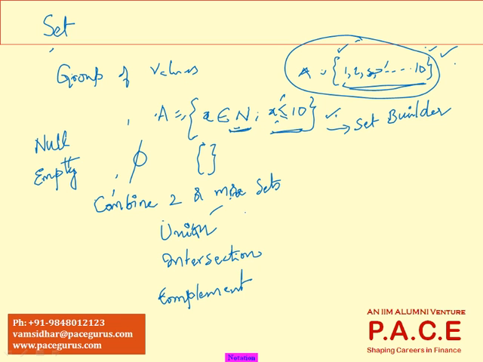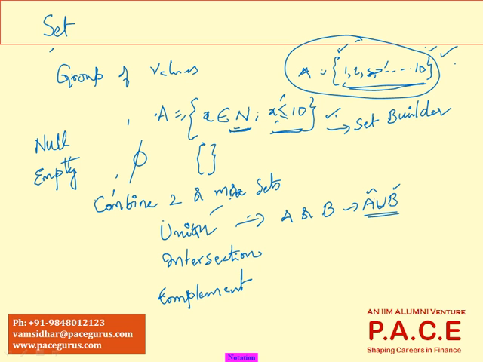So it is more like if the value is present in at least one, it's also written as A or B, or otherwise it is written as A union B, which means at least if it is present in A or in B, in any one of them, then it would be present in the union also.